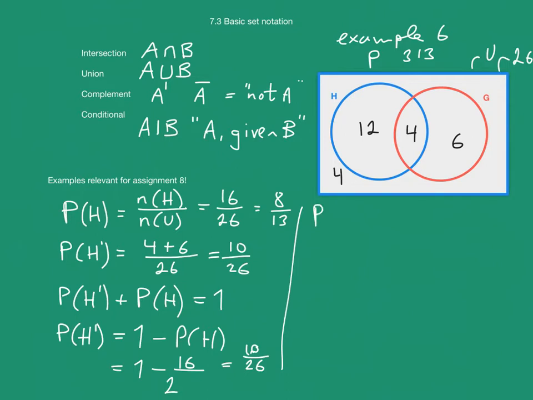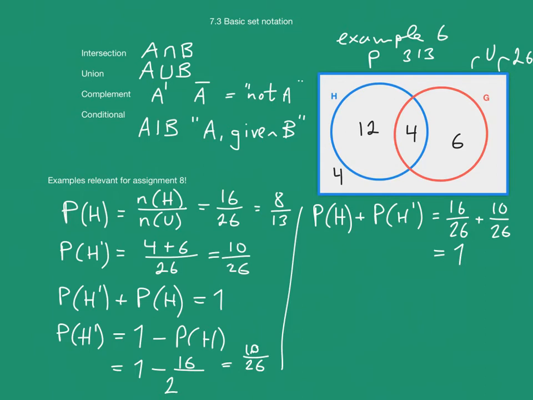I guess that really answered our next example. We want the probability of H plus the probability of the complement of H. So that's going to be 16 out of 26 plus 10 over 26. And this is always going to be 1. So no surprise there.